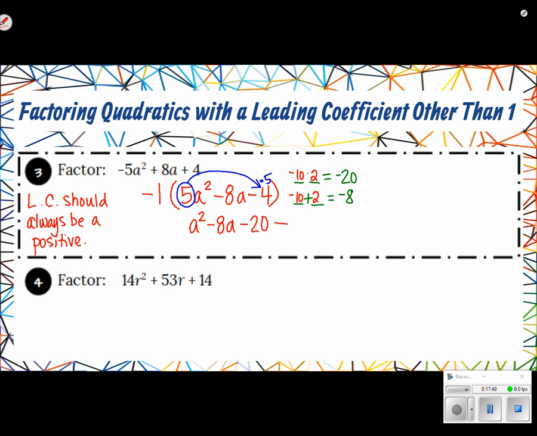So then that means we're going to factor. Now, I'm going to go ahead and write my -1 just so I don't lose it. And then we're going to have a minus 10, a plus 2. And then we've done our factoring.